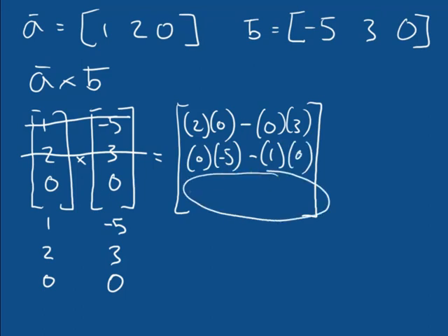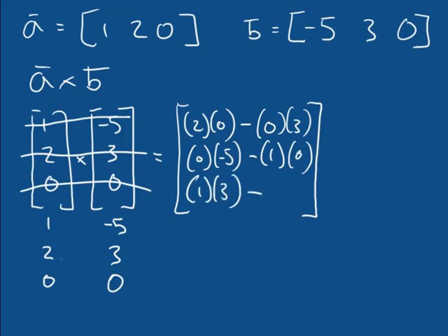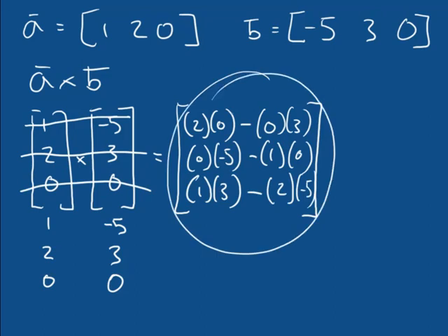And then for my third and final component, I take the third row of numbers here in our columns of numbers, and I put a cross through it because I'm interested in these next 2 rows of numbers, and I'm going to apply our rule. Top left multiplied by bottom right, so 1 multiplied by 3, minus bottom left multiplied by top right, 2 multiplied by negative 5. Now that we have that, we can actually work out these values.